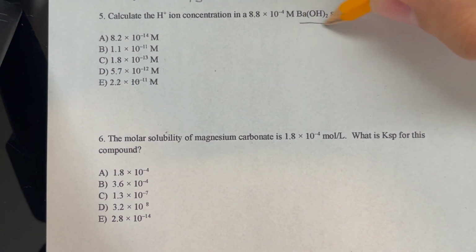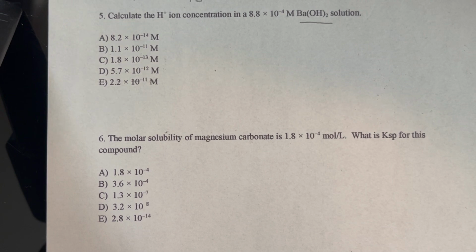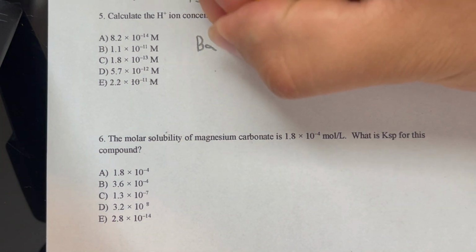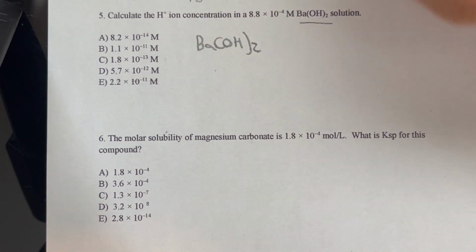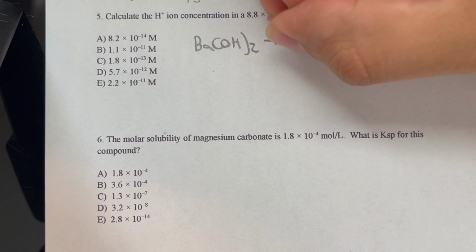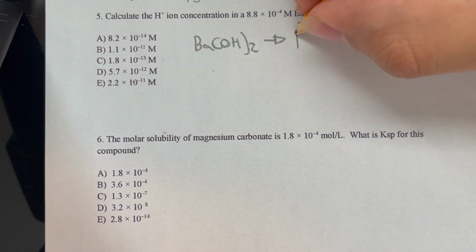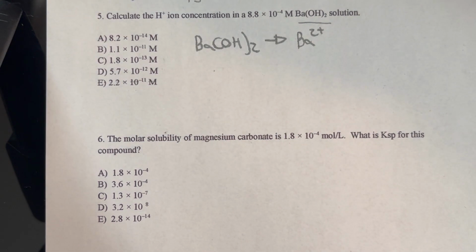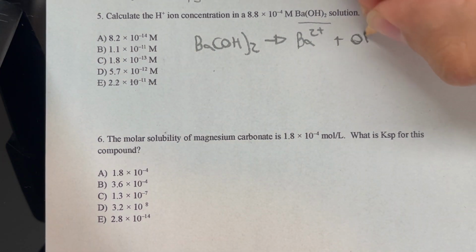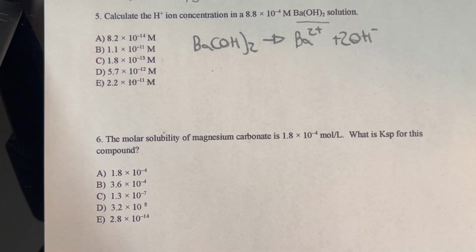So we know that barium hydroxide is soluble. So it won't reach equilibrium. It'll just go all the way. We'll get barium ion plus OH minus ion. And again, we balance it.